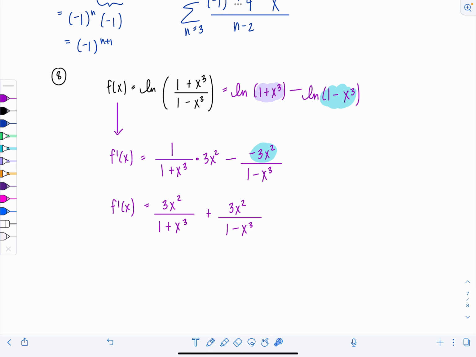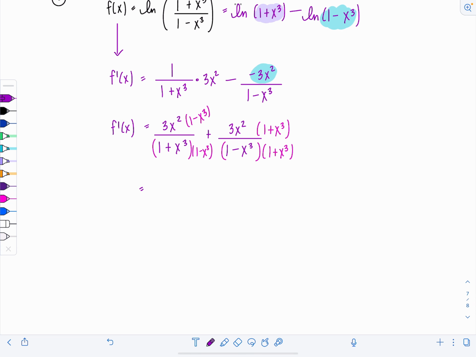So I'm going to clean up and get a common denominator. So I'll multiply this guy by 1 minus x cubed, top and bottom. And then this guy by 1 plus x cubed, all right? So now we have 3x squared minus 3x to the 5th, I'm just distributing, plus 3x squared plus 3x to the 5th over 1 plus x cubed times 1 minus x cubed.